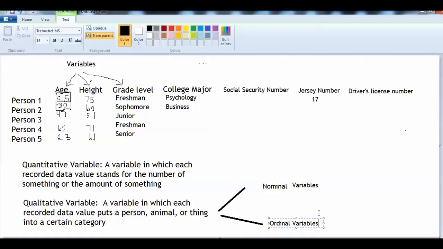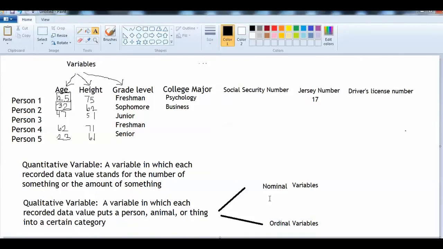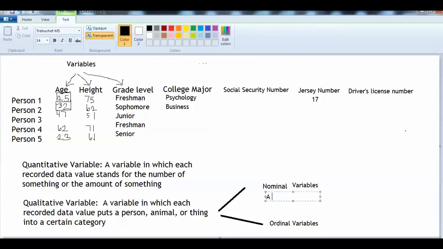So what is a nominal variable? Well, first let's define an ordinal variable.